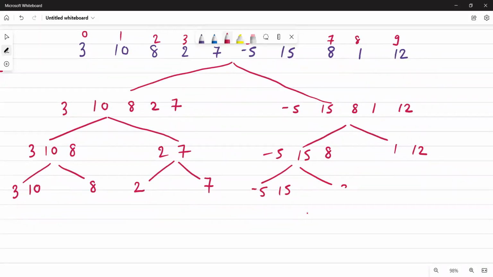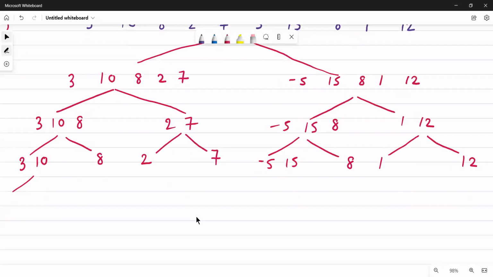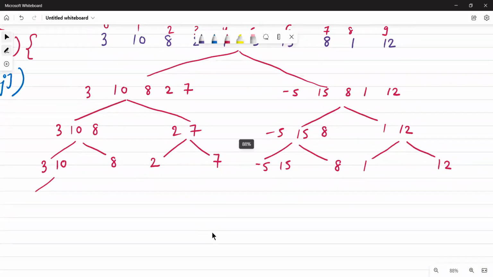Here you will get 8, 1, 12. Here you will get 3 and 10. Here you will get minus 5 and 15.